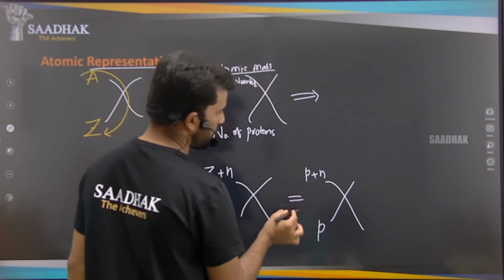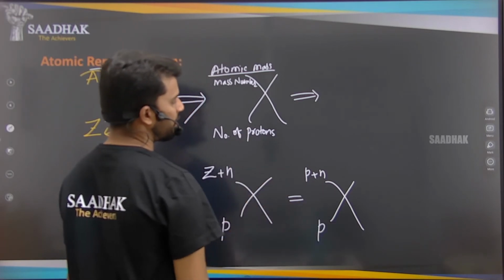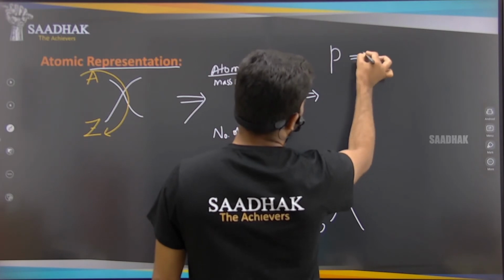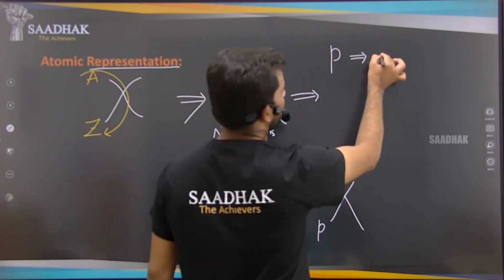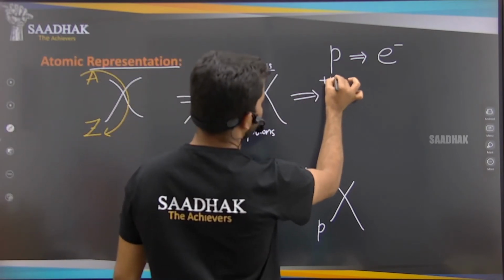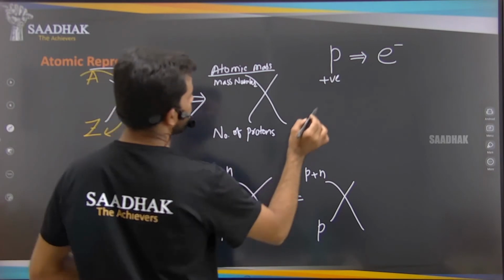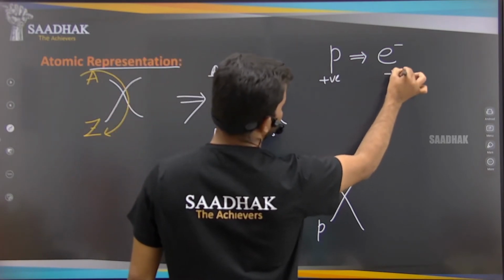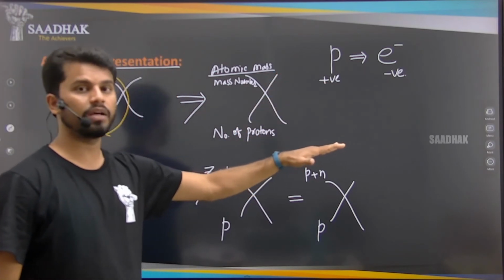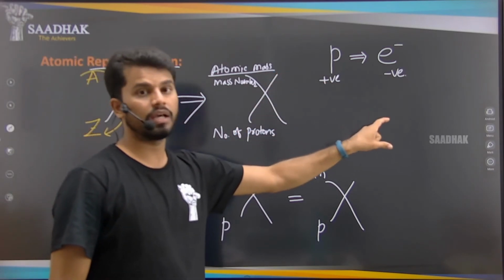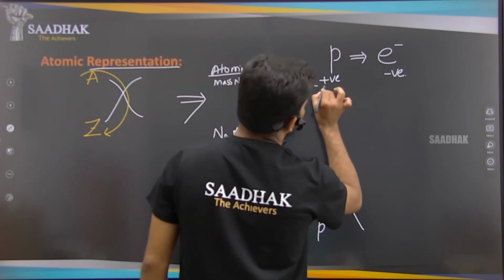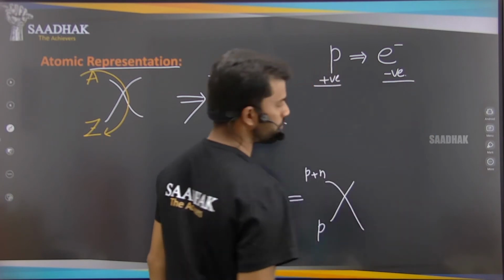protons, neutrons and electrons are the three subatomic particles, and here protons decide how many electrons should be there. In the nucleus we have the positive charge, and the electrons are the negative charge. As the atom has to be in a stable, electrostatic condition, the positive charge should be equal to the negative charge.